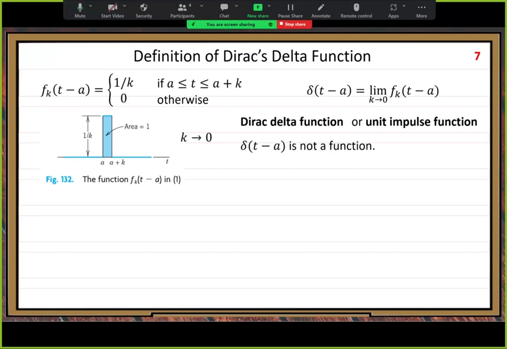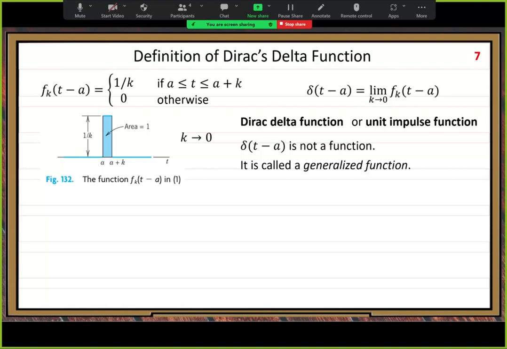Based on our function definition, definitely we cannot call this a regular function. Although here we say Dirac delta function, people call it a different name, a generalized function.